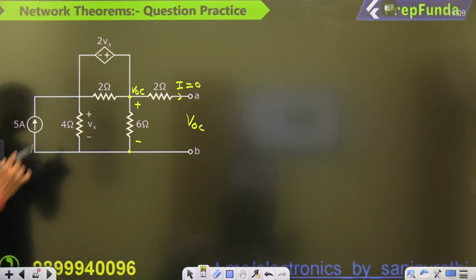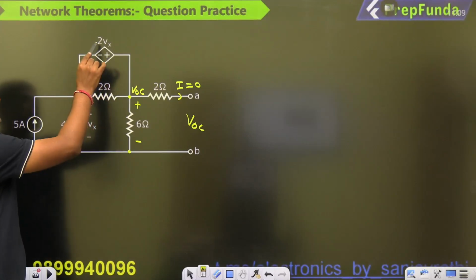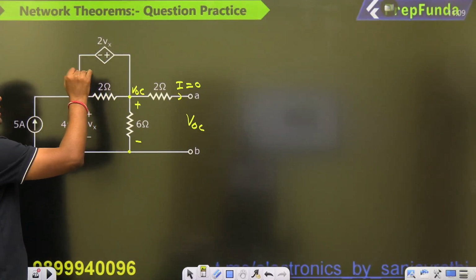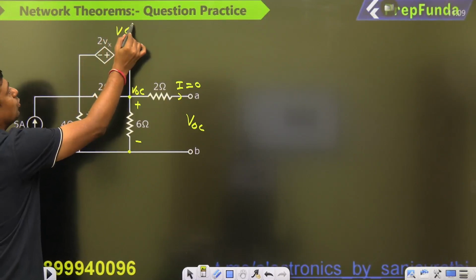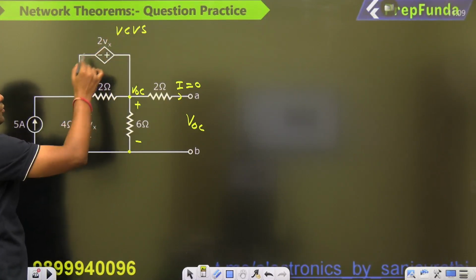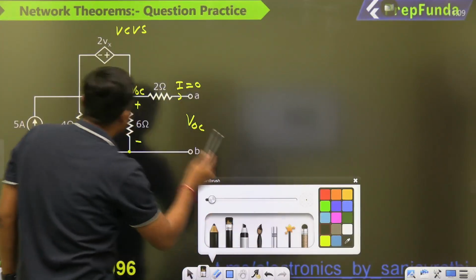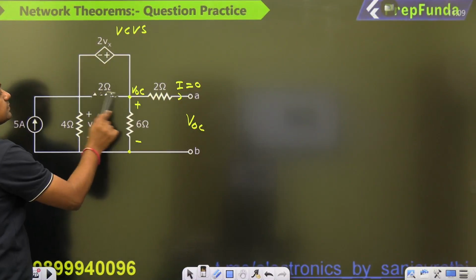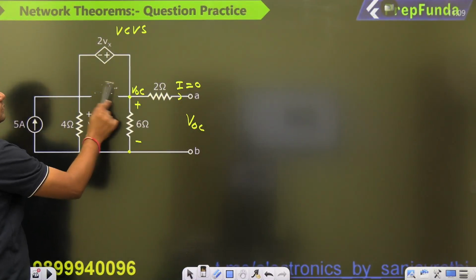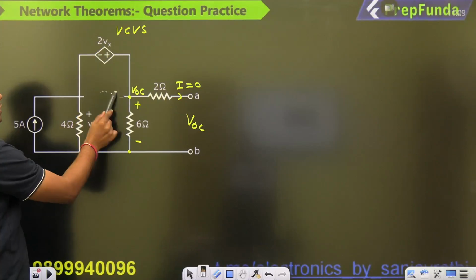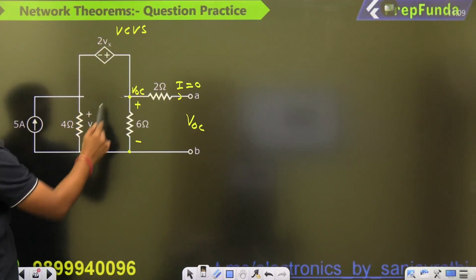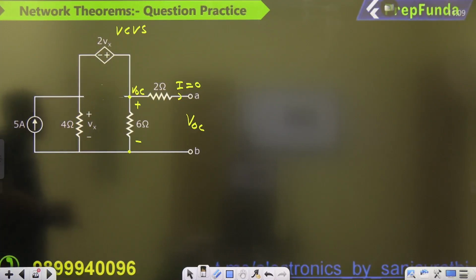And guys, remember, if you have any resistor across the voltage source, whether it is dependent or independent, it is a voltage controlled voltage source, so you can remove the 2 ohm resistor. Why? Because it is connected in parallel with the voltage source. You can easily remove it.